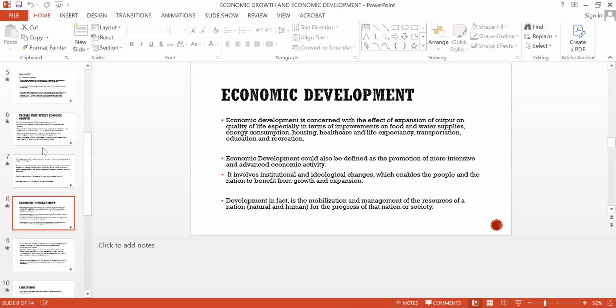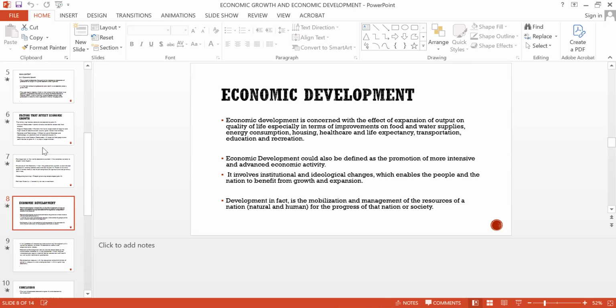Having looked at economic growth, we look at economic development. What is economic development? Economic development is concerned with the effect of the expansion of output on quality of life.